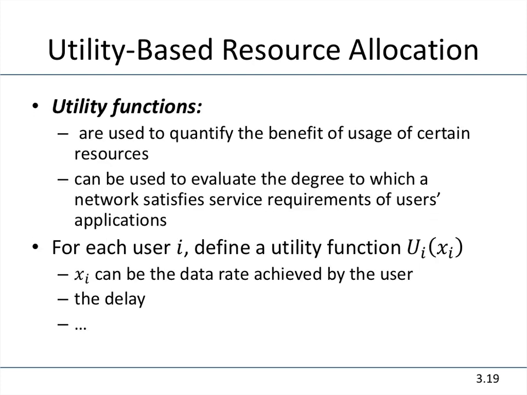So these utility functions are used to quantify the benefit of usage of certain resource, or in other words, the satisfaction of the user as a result of provisioning certain resources to that user.